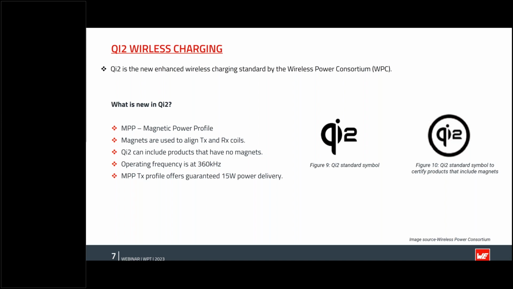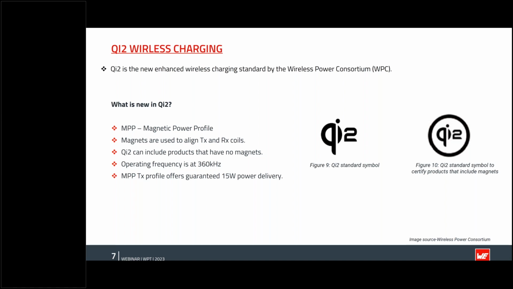So the magnetic power profile is one of the highlights of the Qi 2 standard, and the highlight is that magnets are used to align the transmitter and the receiver coils. If you remember, in the earlier slides we spoke a little bit about misalignment.